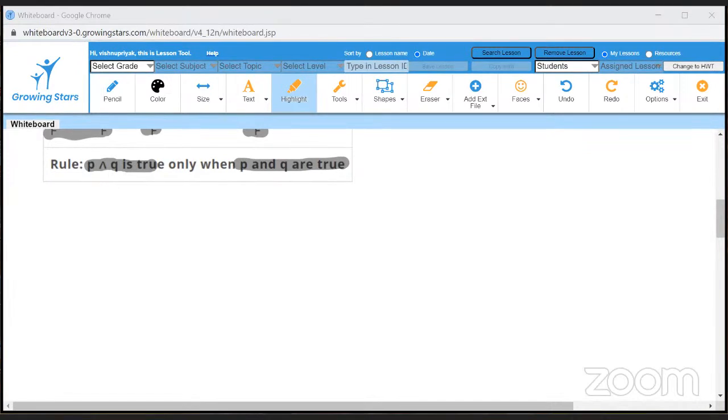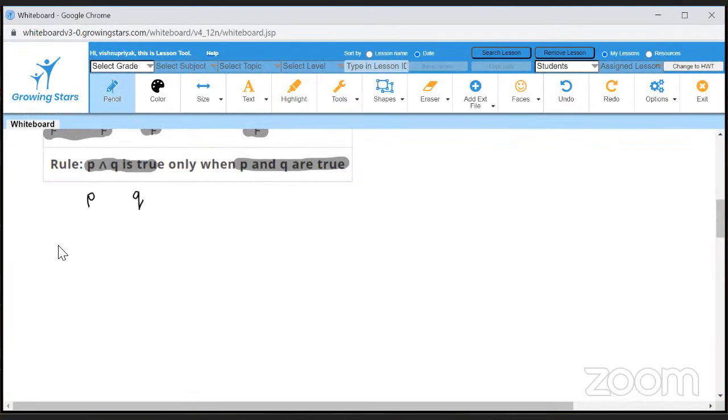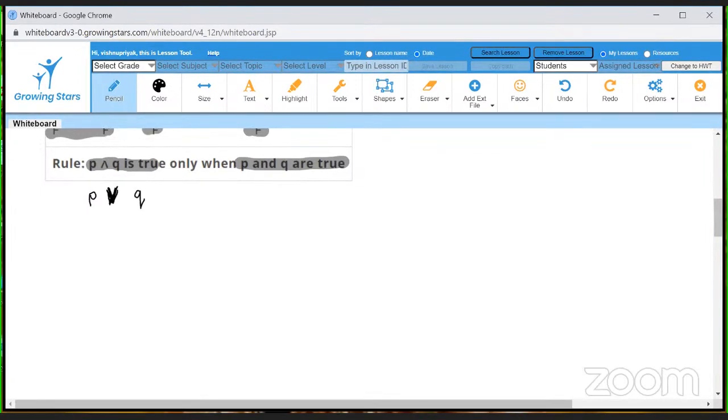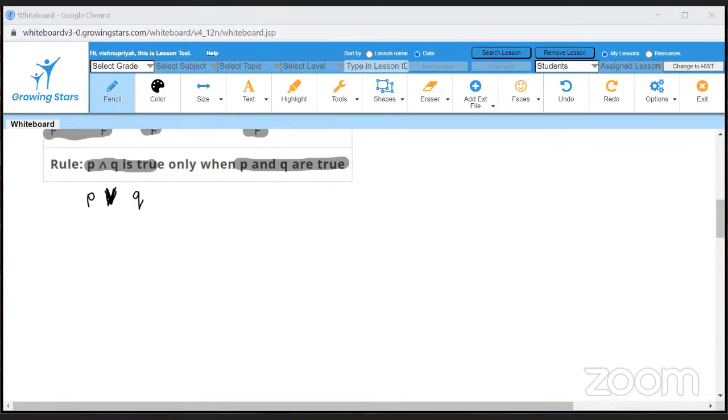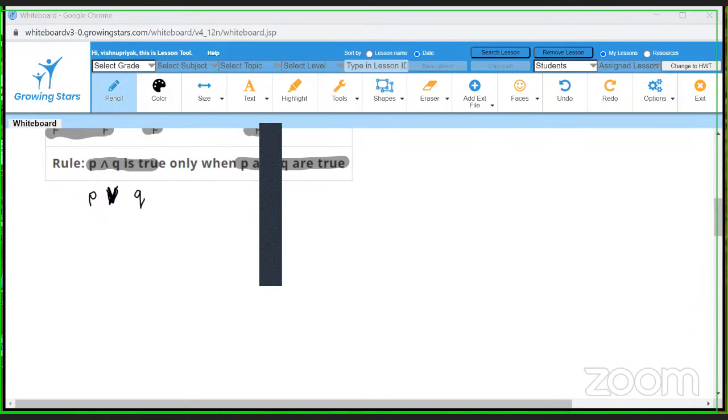The next is, if there are two statements P, Q, and they are combined by "or", this is the symbol for "or". So there is a truth table for P or Q also.